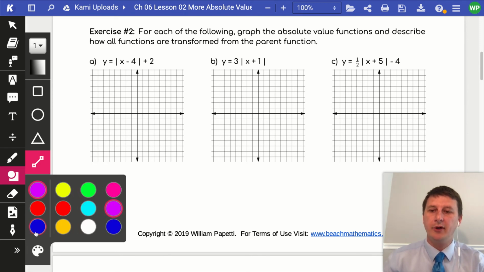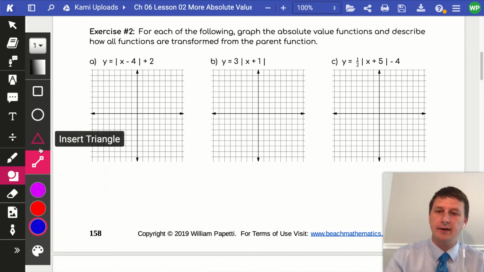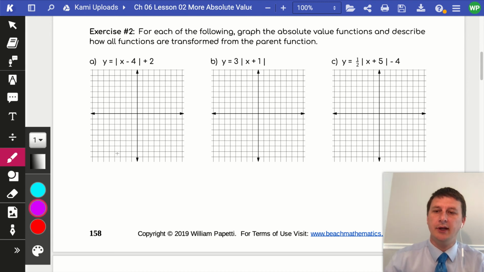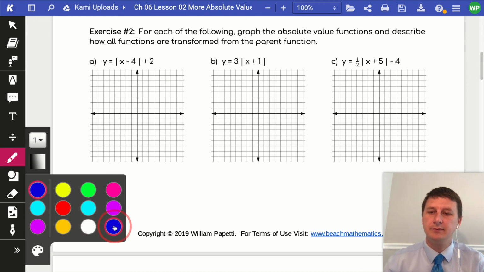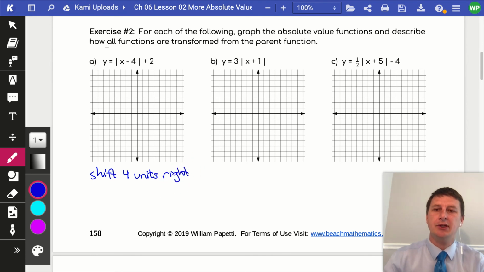So we know from our shifting rules that two things are being done to this function here. We know that we're subtracting 4 inside. So if we're subtracting 4 inside, we're going to shift 4 units right, because when we subtract inside, that shifts right.